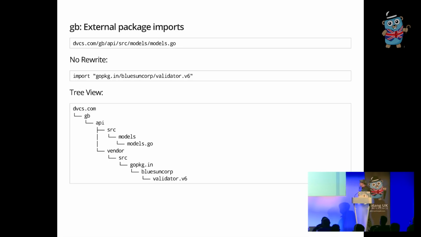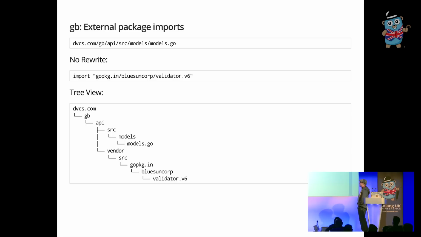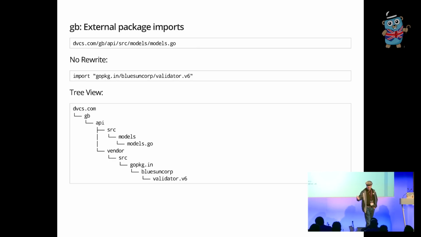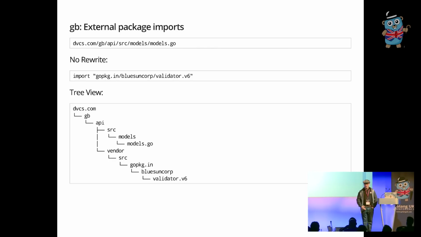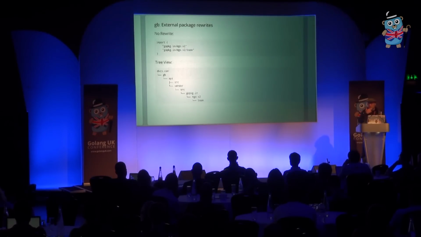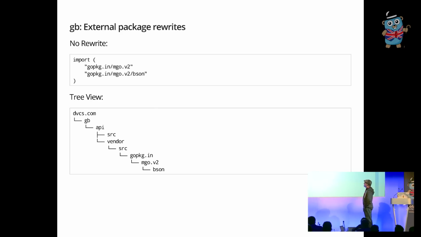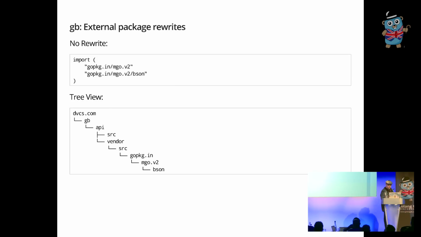See, I don't have to rewrite my import paths anymore. That's brilliant. I can just put the code I want to vendor under the vendor source folder and import it as if I was importing it from its original location. All of those problems and mistakes and headaches that I had before, they go away. Again, I don't even have to go into any of the vendor packages and rewrite those import paths. No more rewriting of import paths at all.